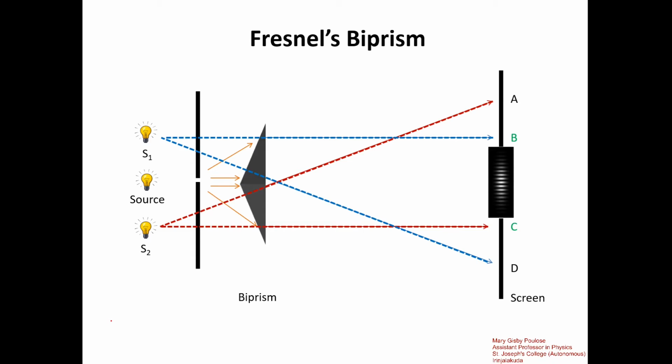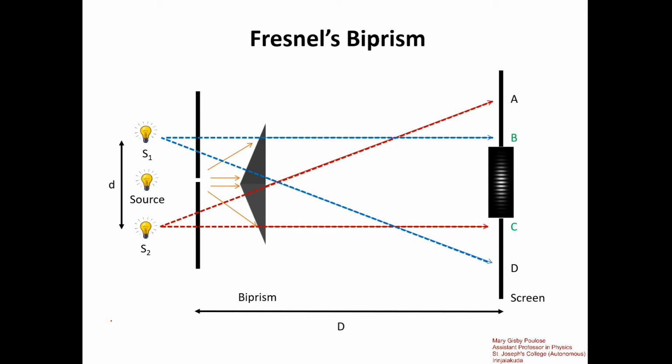The peculiarity is that the actual source S and the two virtual sources all lie on the same line, on the same plane. The distance between the virtual sources will be small d, and the distance between the slit and the screen will be capital D.